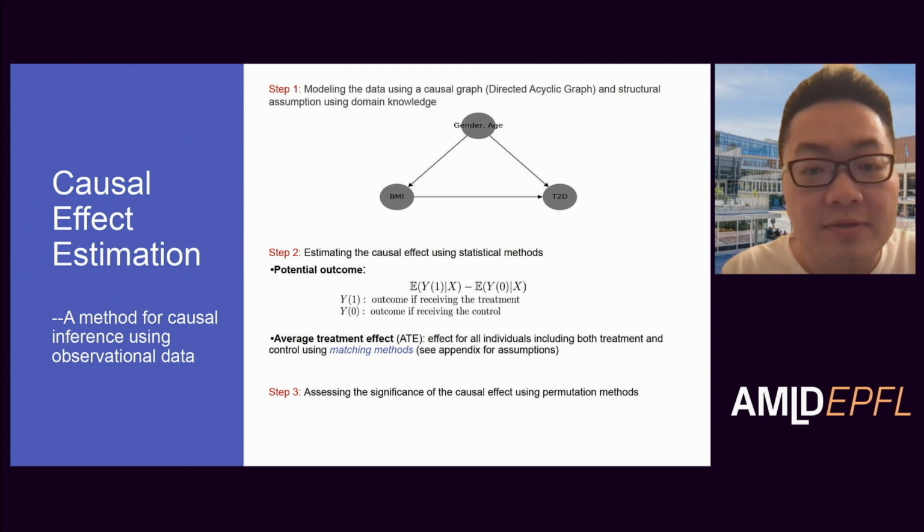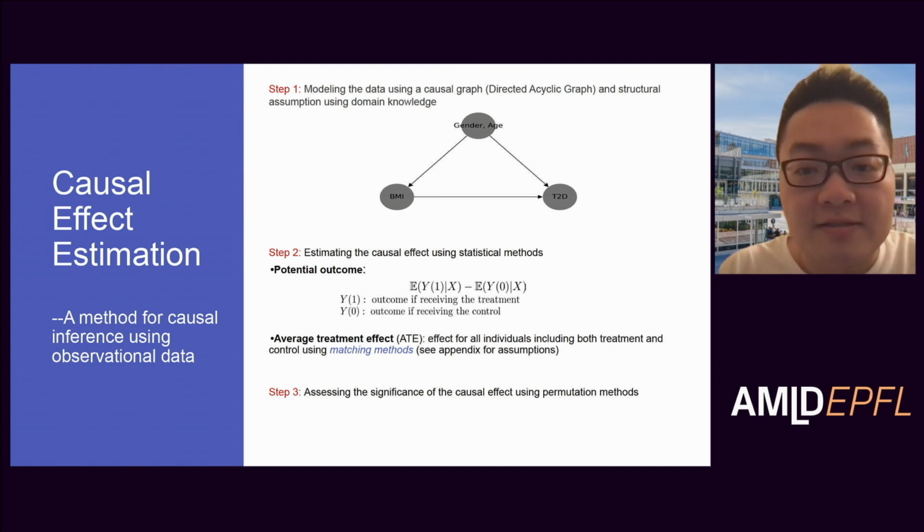And the second step is we want to have some ideal estimate of what we mean by the effect of the risk. And here we use the potential outcome, which is an expectation of Y1 conditioning on X. So 1 here means the treatment, or the obesity level equal to 1, and Y1 means the outcome if they receive this treatment, which is obesity.